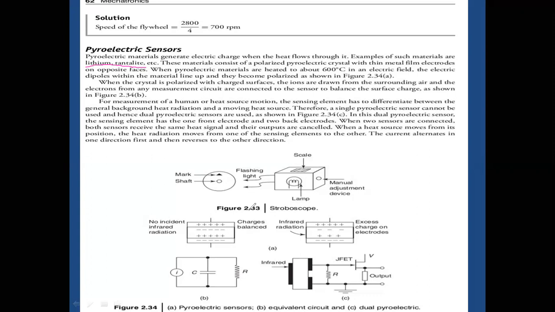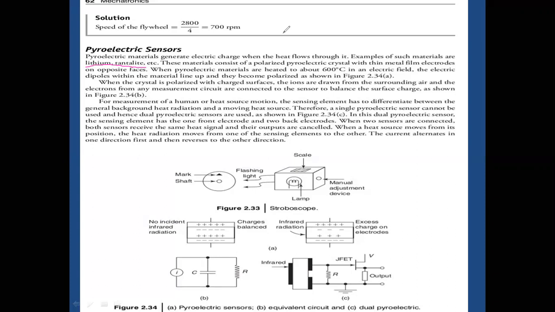Later, whenever we supply some amount of heat to the material, it has some kind of polarization. Polarization is nothing but a difference in the number of charges. So whenever we heat it up to 600 degrees centigrade, infrared radiation comes out.